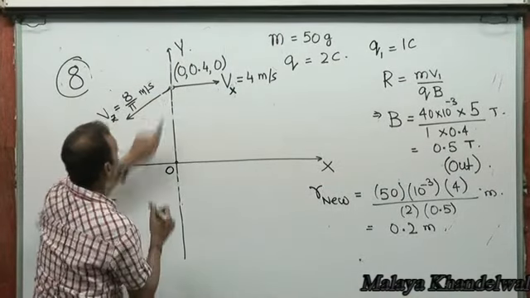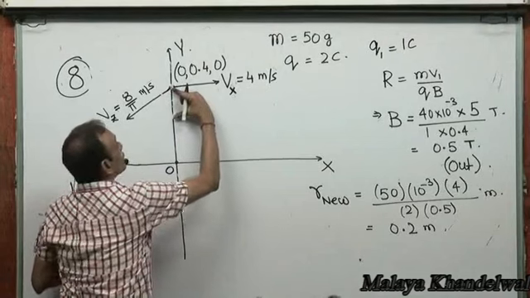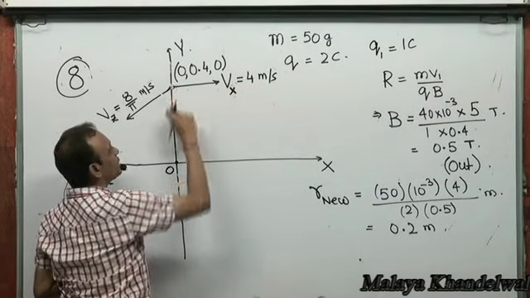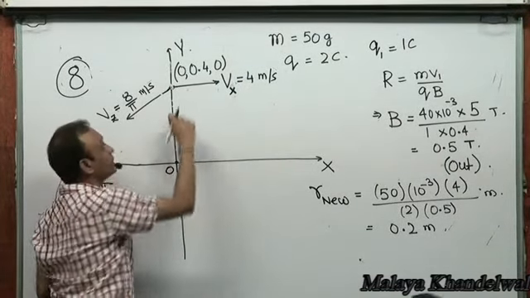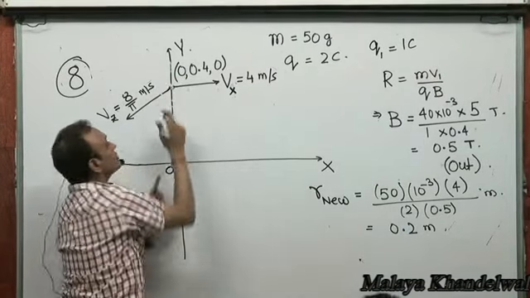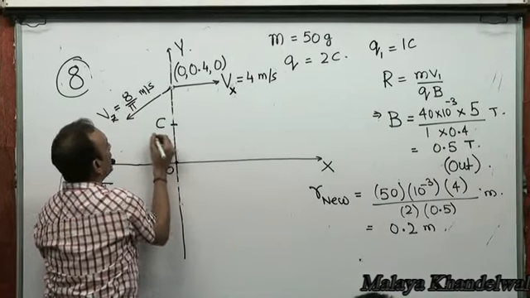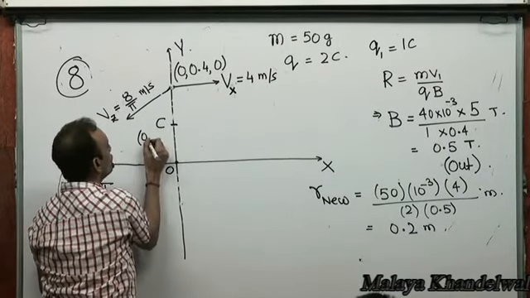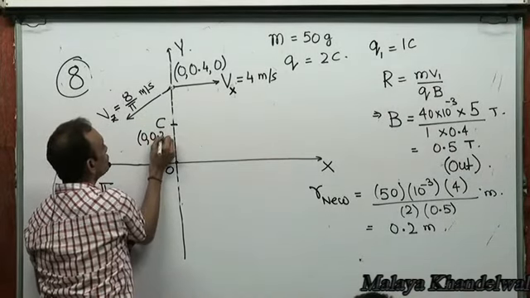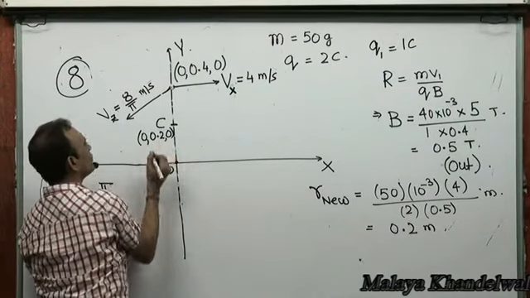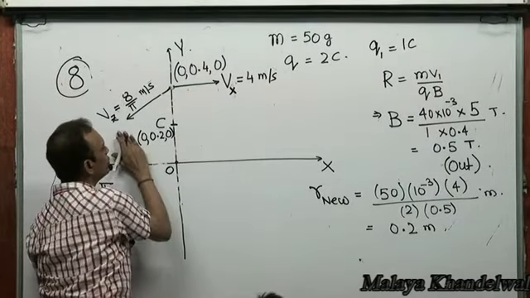That means the center of the circle will be 0.2 meters from here. This is 0.4 meters. So the new center would be C, and its coordinates would be 0, 0.2, 0. Yes or no? I hope you realize that this is 0.2.